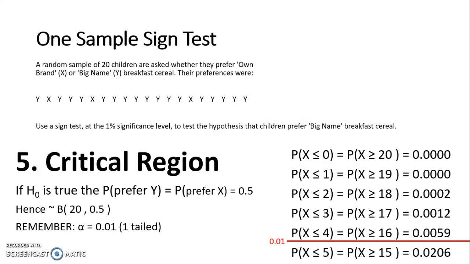All the probabilities that are less than 1% are less than or equal to 4, 3, 2, 1, 0, or greater than or equal to 16, 17, 18, 19 and 20. So my critical region for this question is x greater than or equal to 16.